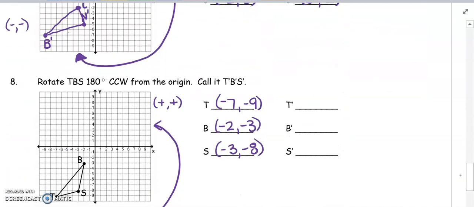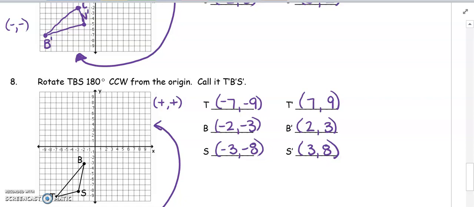So let's look at the 7 and the 9. Same order. They both have to be positive, so I don't have to change the numbers at all. For B, we keep the same order, 2 and 3. They both have to be positive. For S, we keep the same order, 3 and 8. And again, they both have to be positive.